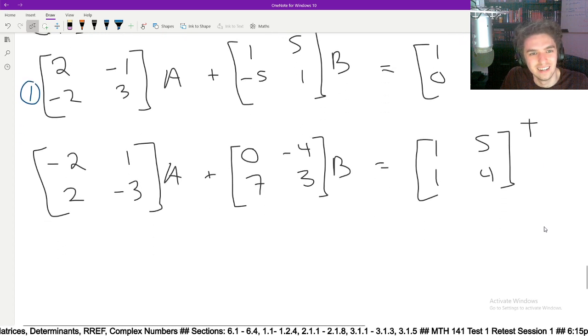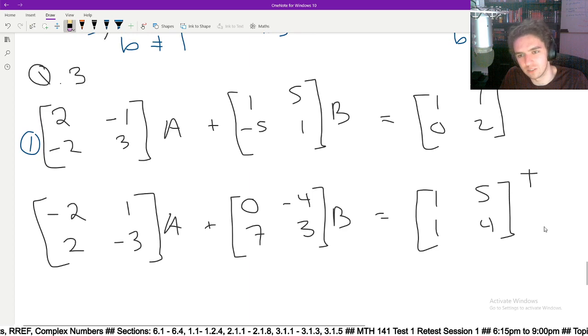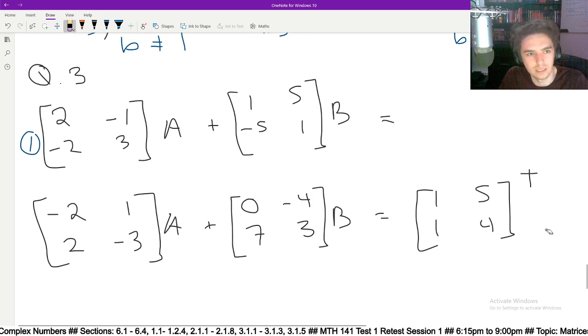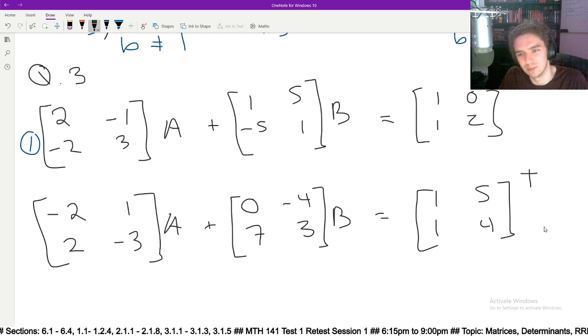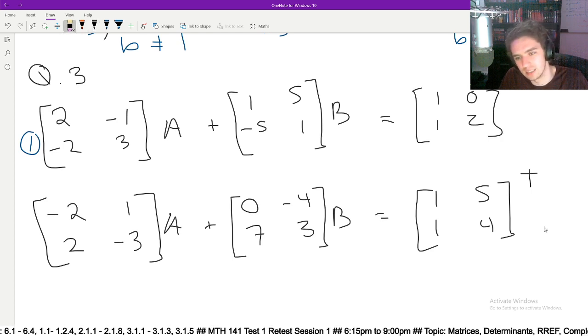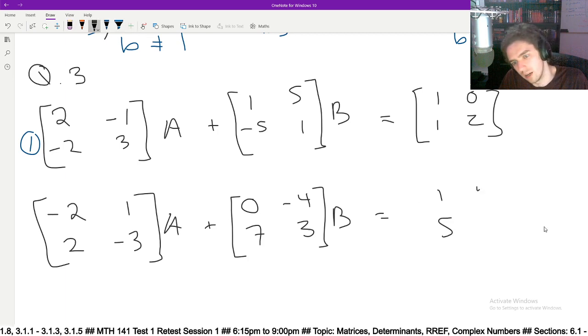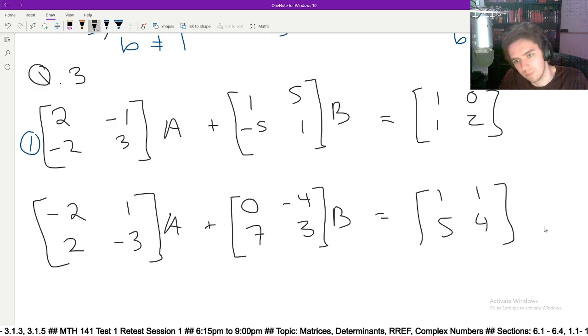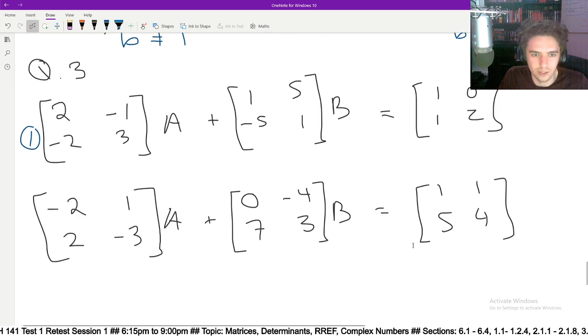Yeah. Okay. Right off the bat, I'll transpose these so we don't have to worry about it. I'm pretty sure the transpose was [1, 1; 0, 2], and then this transposed is going to be [1, 5; 1, 4]. So you can add the two lines together.